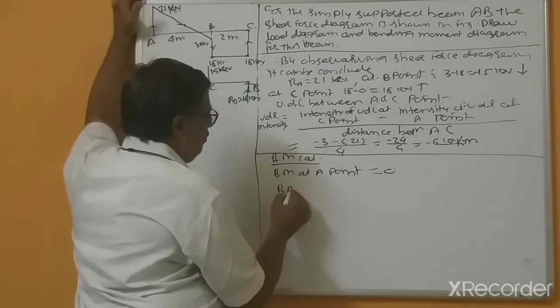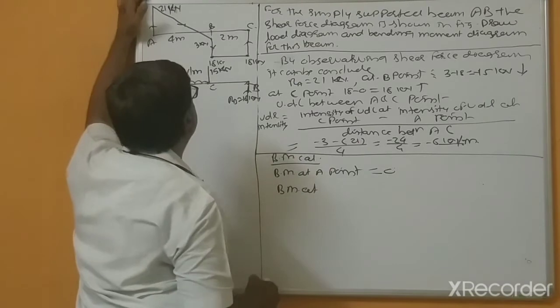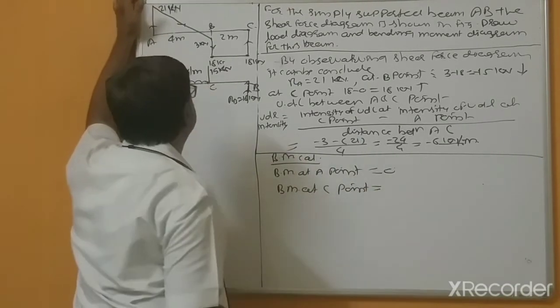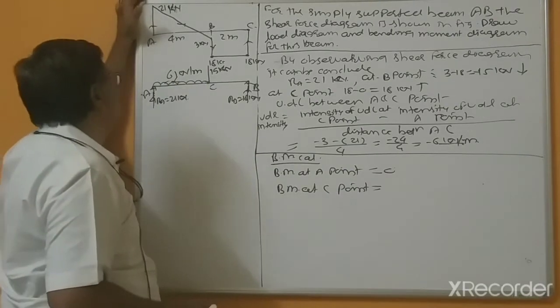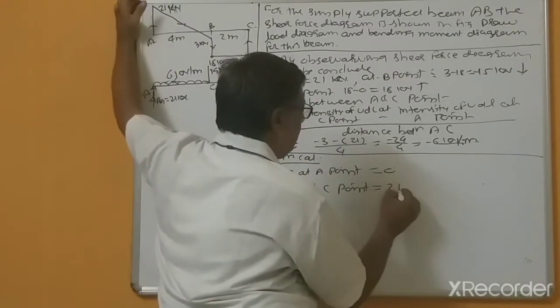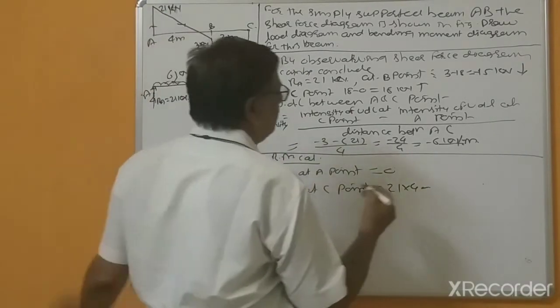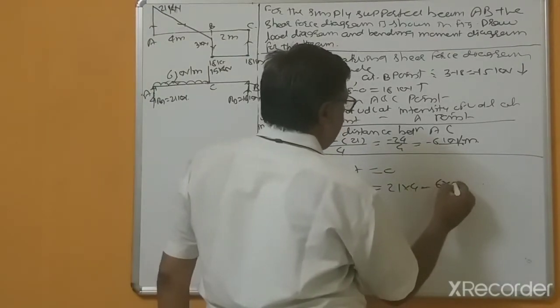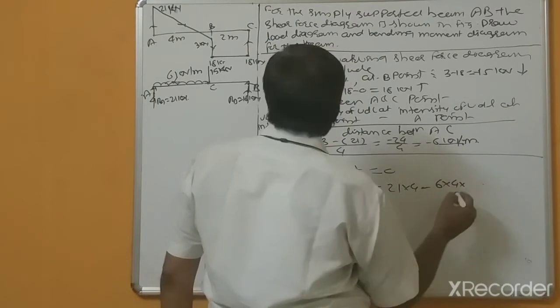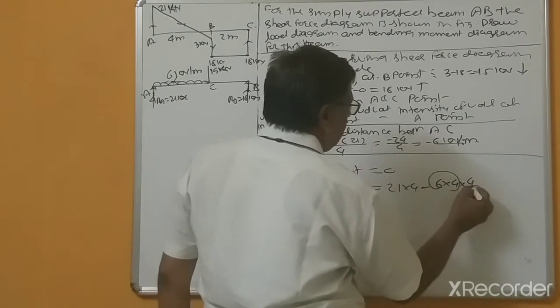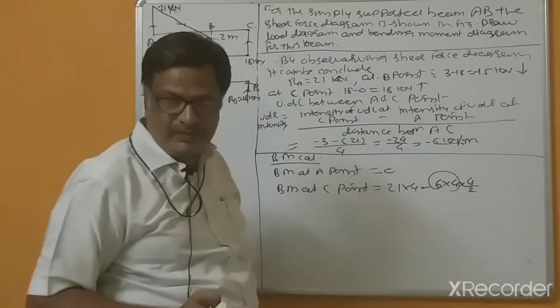So bending moment at C point: clockwise 21 into 4 minus anti-clockwise 6 multiplied by 4, so this is shear force, distance 4 divided by 2.